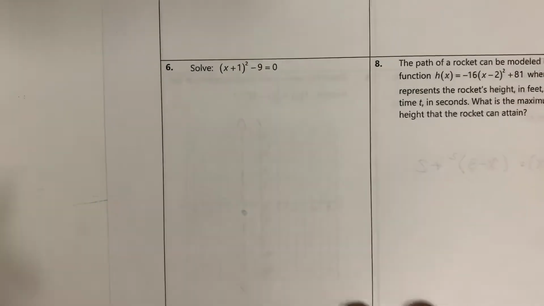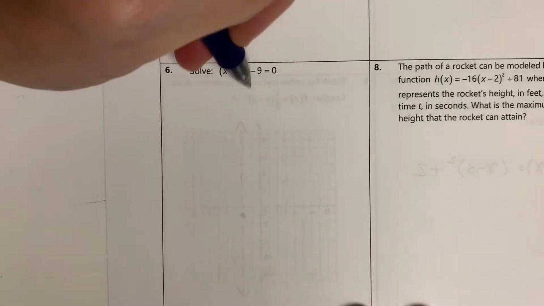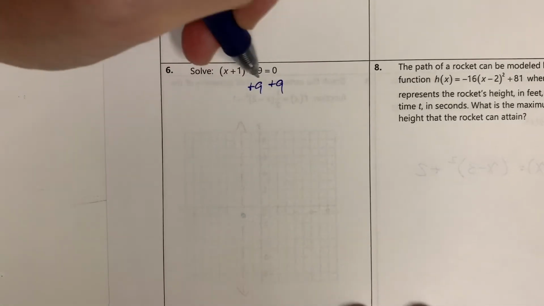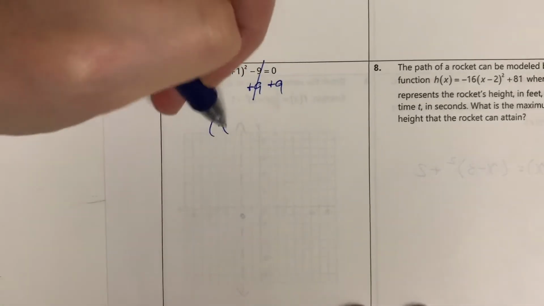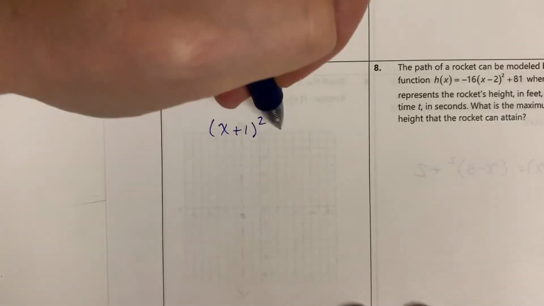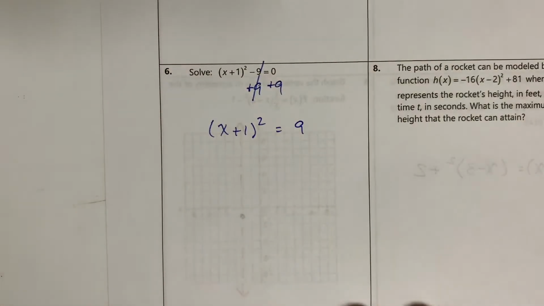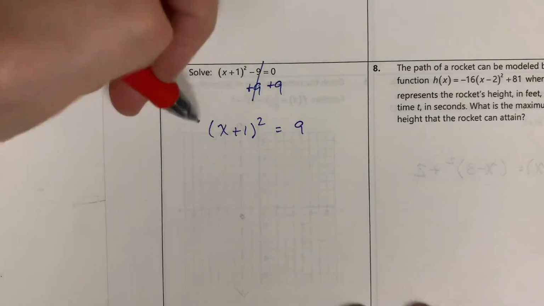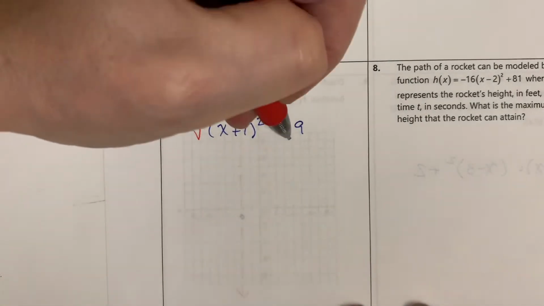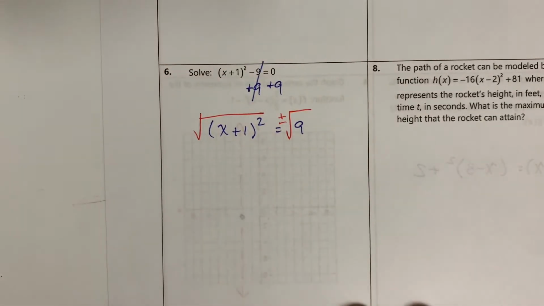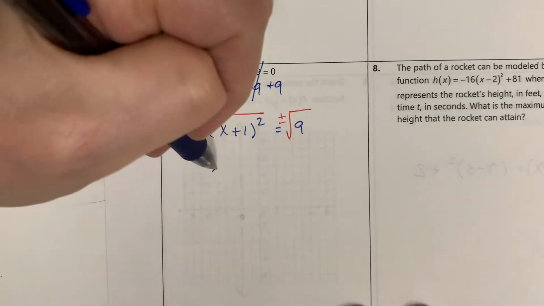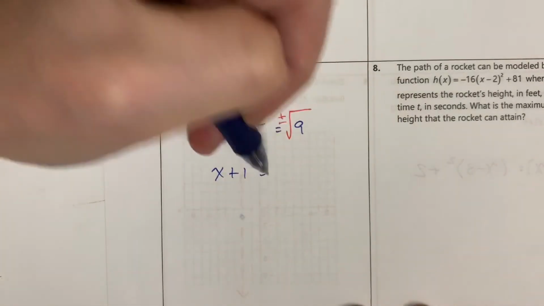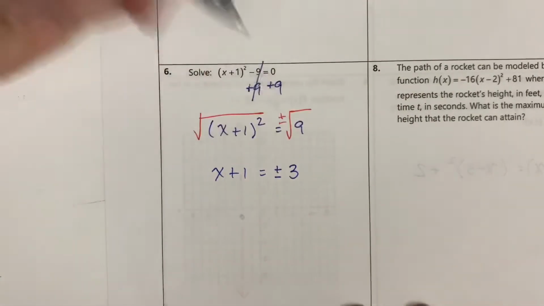Number 6, first thing I would do for that one is add 9 to both sides. X plus 1 squared is equal to 9. I would now take the square root of both sides, plus or minus, don't forget it. The x plus 1 pops out, and root 9 is 3.